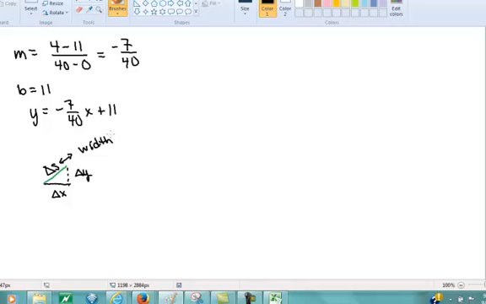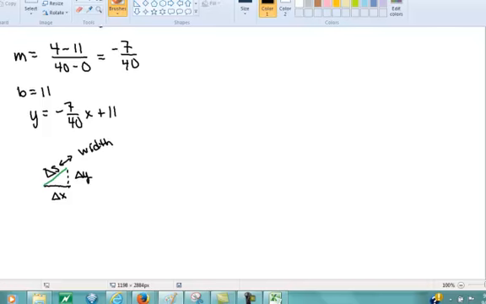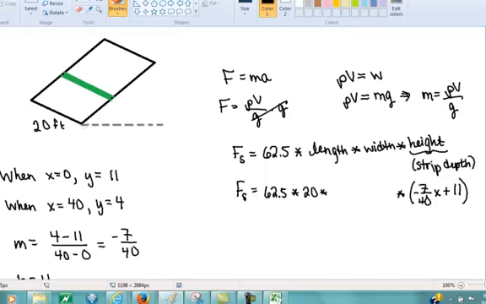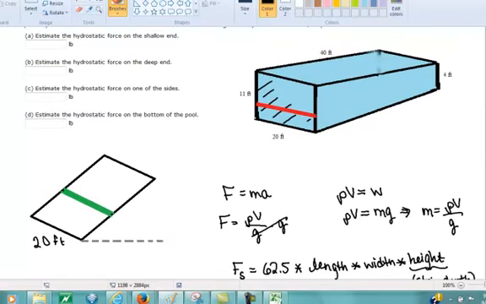But we can use similar triangles to get an expression for that involving delta x. So think of this little tiny triangle that I've drawn right here. It would be similar to this big triangle. So this side would be just the length of the pool, which is 40.